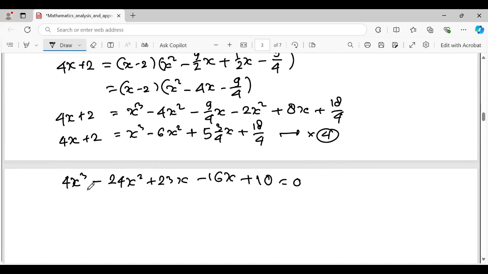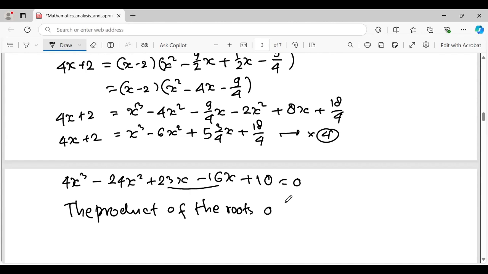So if we identify this, it becomes the product of the roots of 4x cubed minus 24x squared plus 7x plus 10 equals 0.